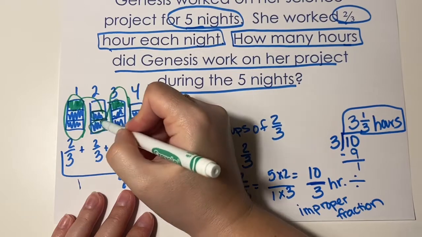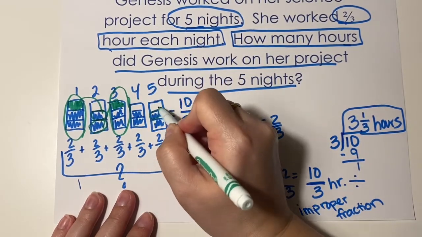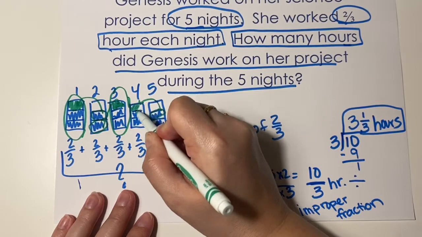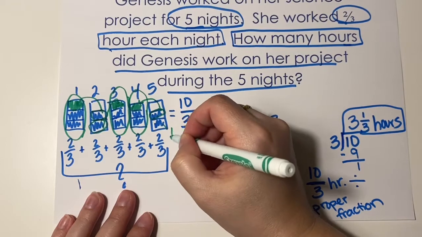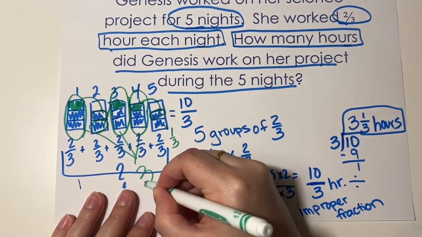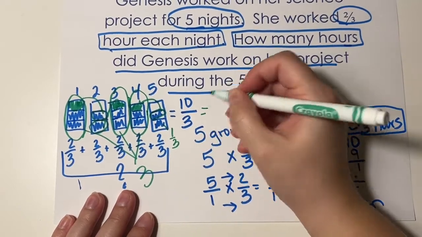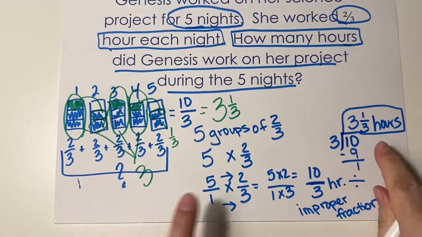This one went here, this guy went here, I made a whole. Now I'm going to look at this one. This guy here, I'm going to add him. I'm at 3 wholes, and I still have this 1/3. So these right here made the 3. So I also can see I have 3 wholes and 1/3.